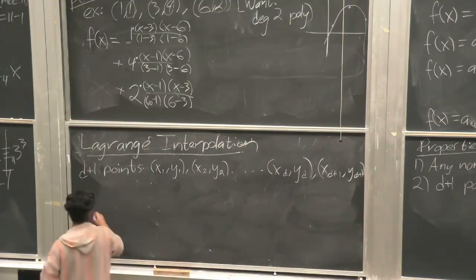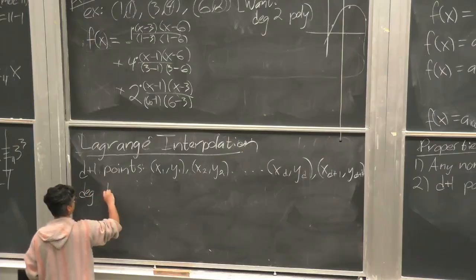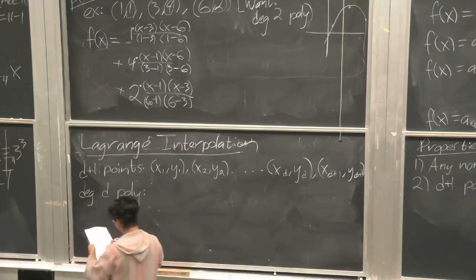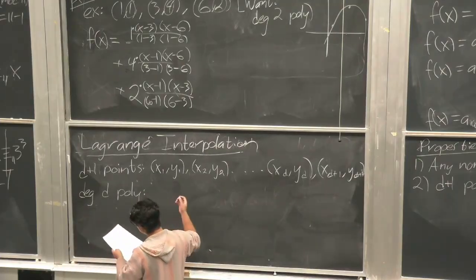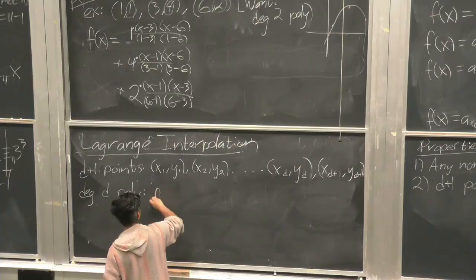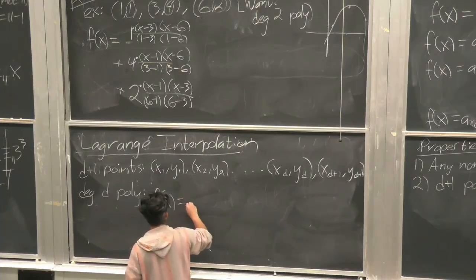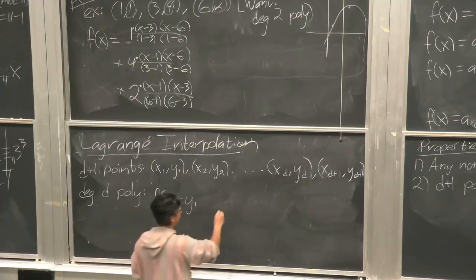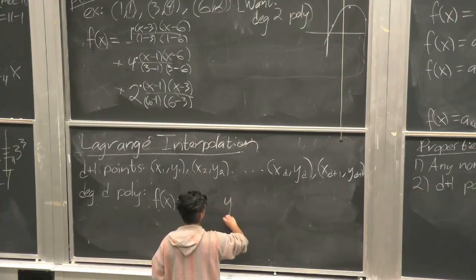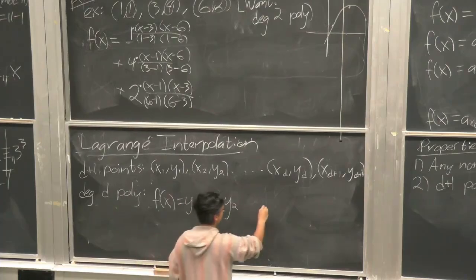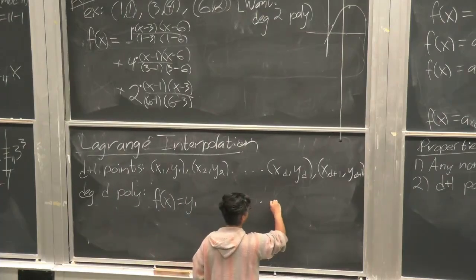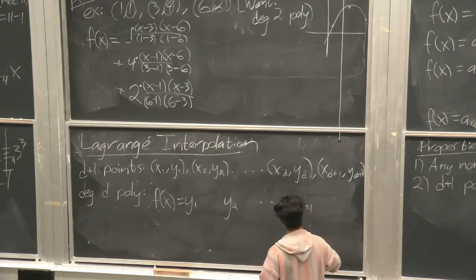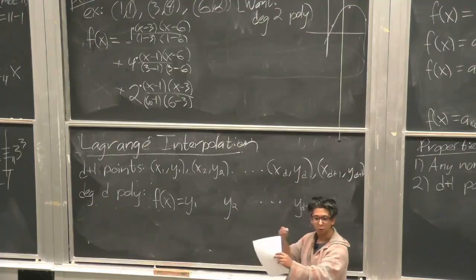And now we're trying to create a degree d polynomial. A degree d polynomial. And how do we do that? It's going to be this radio button. f of x will be, we want it to be y1 at some point. We want it to be y2 at another point. And we want this to keep happening until we get to y_{d+1}. And we just want to switch between which one we're doing.